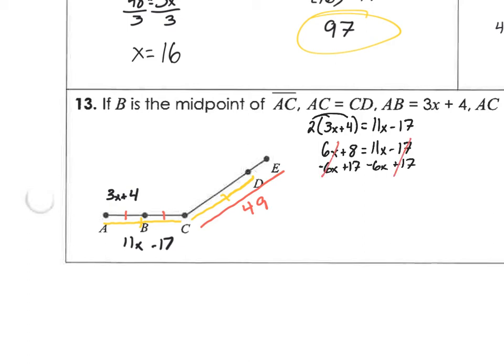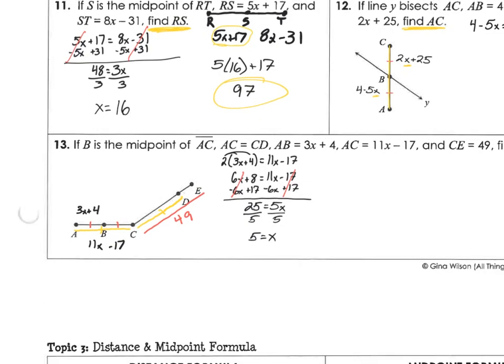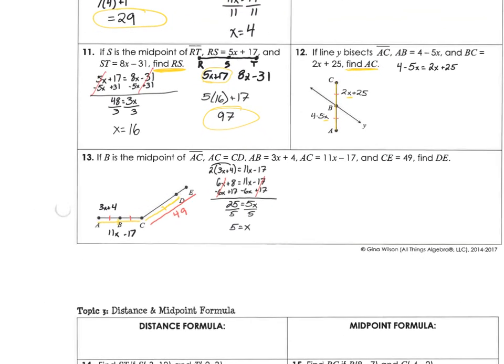Get some things to cancel out. 8 plus 17 gives us 25. 11 minus 6 gives us 5. We divide both sides by 5. We get 5 equals x. Everybody agree with that so far? Okay. So now we know that that's not our final answer.